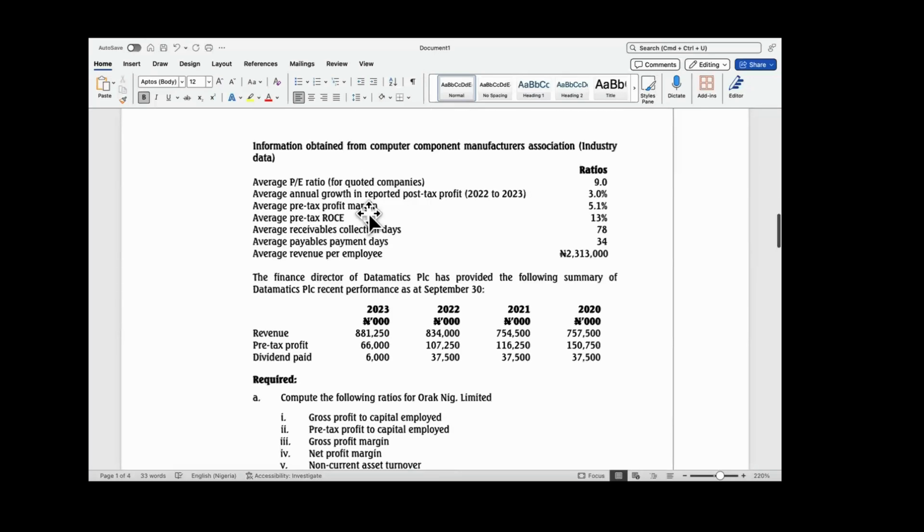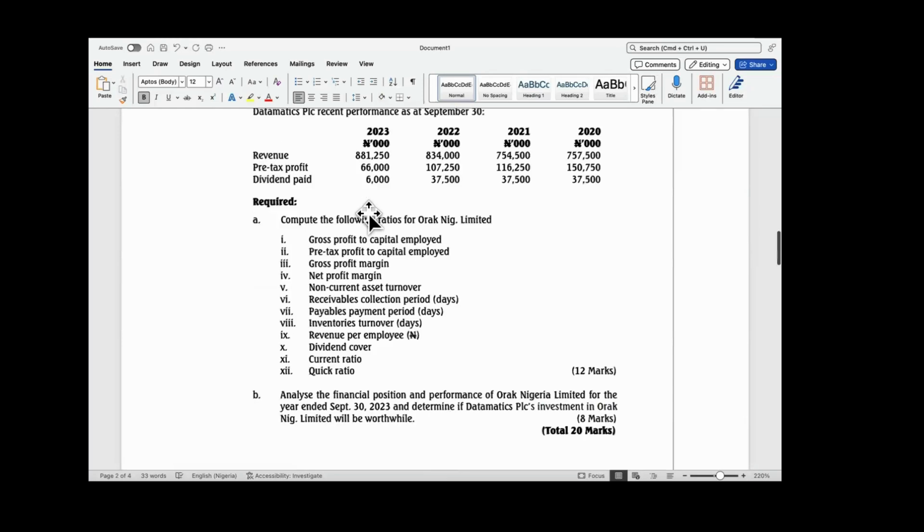If I want to go straight to the requirements, because for your exams, I would advise that you start with the requirements of the question first. When you have read the requirements of the question, then you can go to the body. Because this gives you a sense of an understanding of what you are required to do while reading the body of the question.